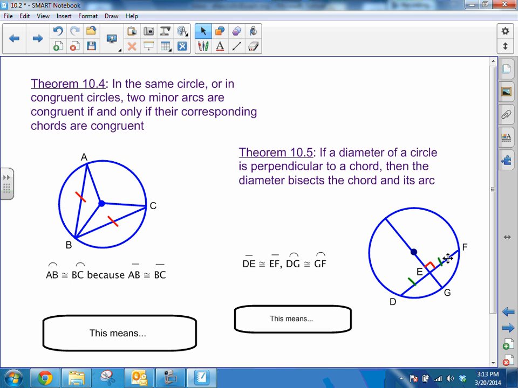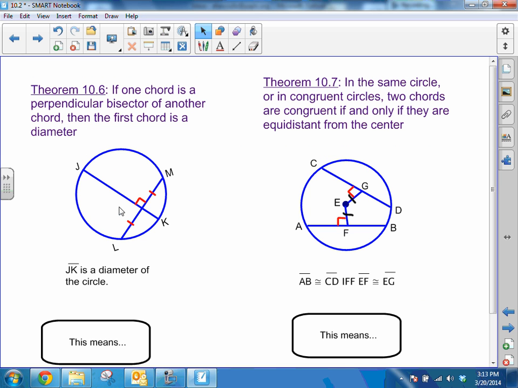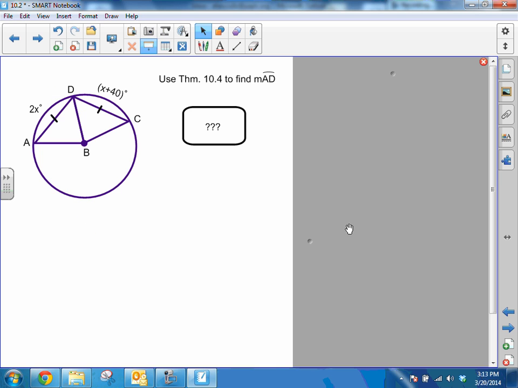Here we have if a diameter is perpendicular to the chord, then it bisects the chord and the arcs. Here, a diameter is a perpendicular bisector, and then here, either way, two chords being congruent, they're equidistant from the center. So, put that to work here.